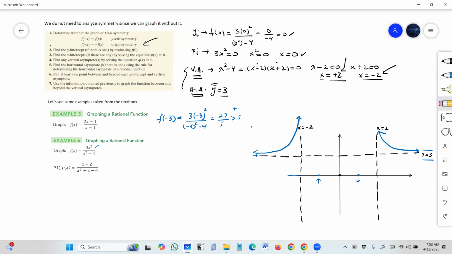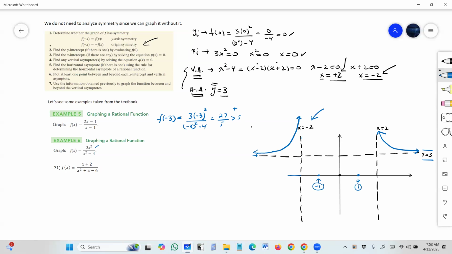So I have 2 points to pick. I need to pick a point right here. And now remember, you cannot choose -2 because -2 is an asymptote. Okay, so it has to be bigger than -2. So I'm going to pick -1 here and 1, right?